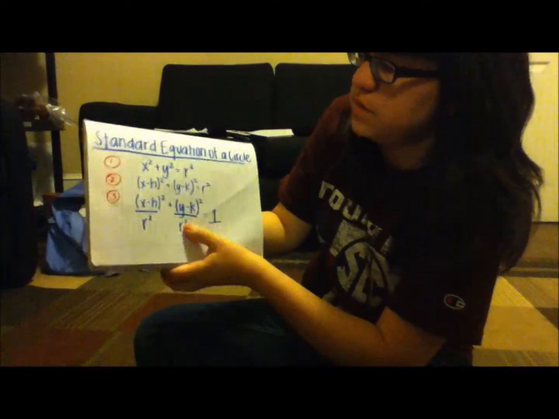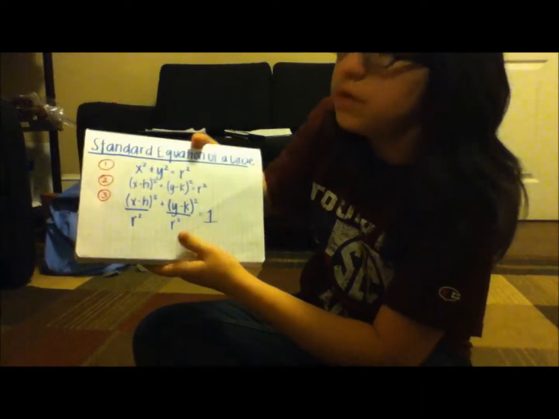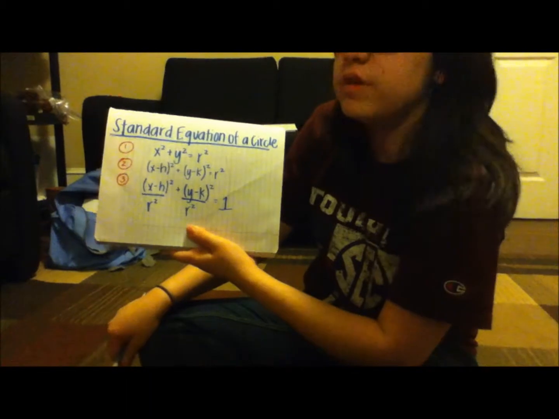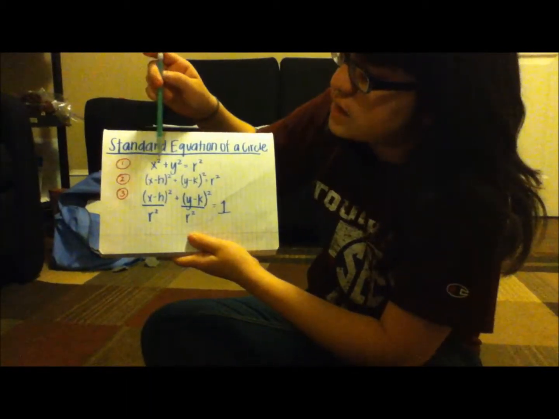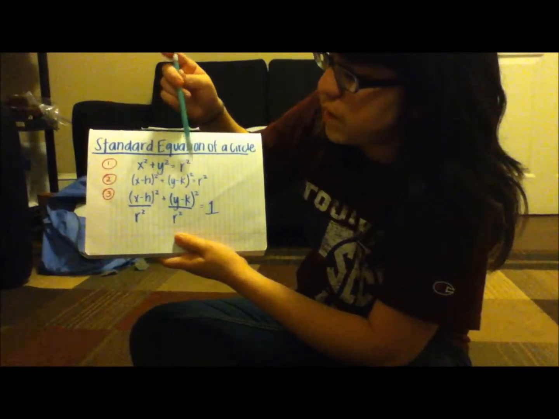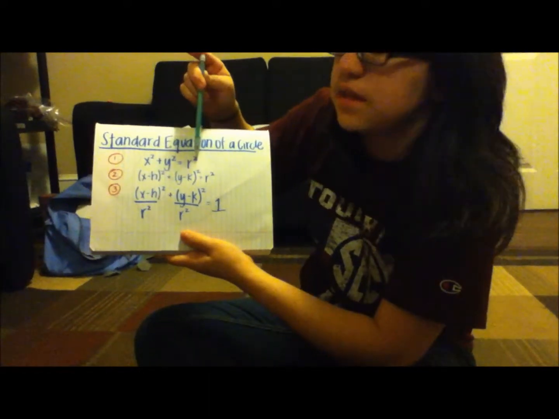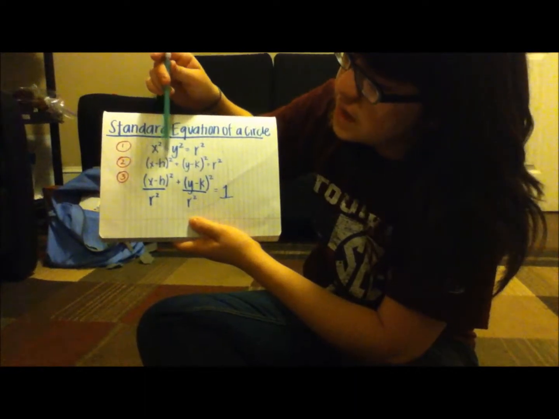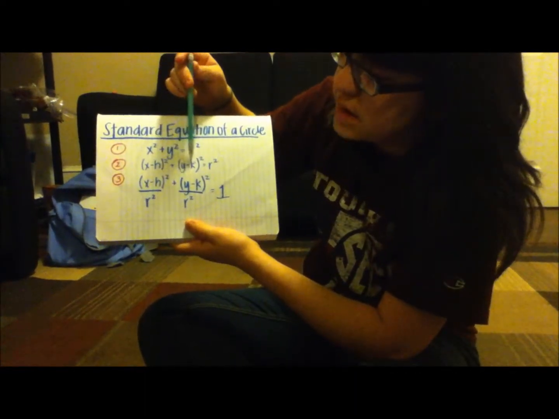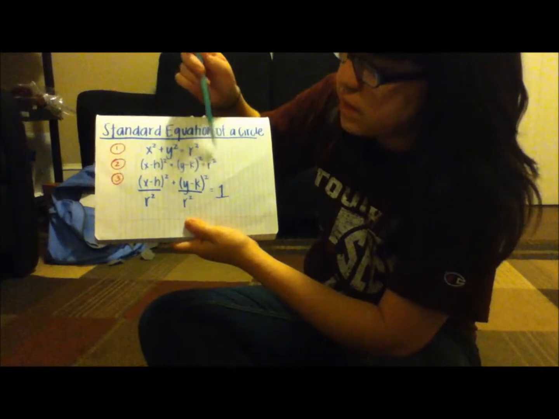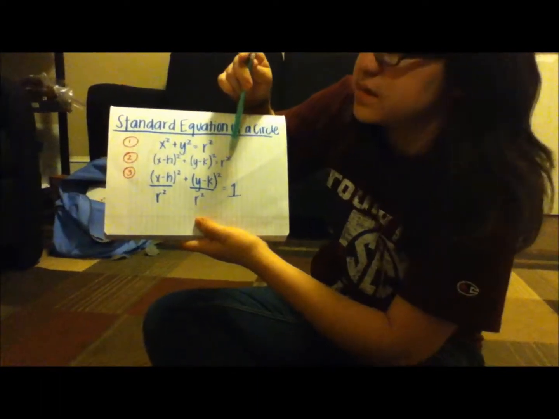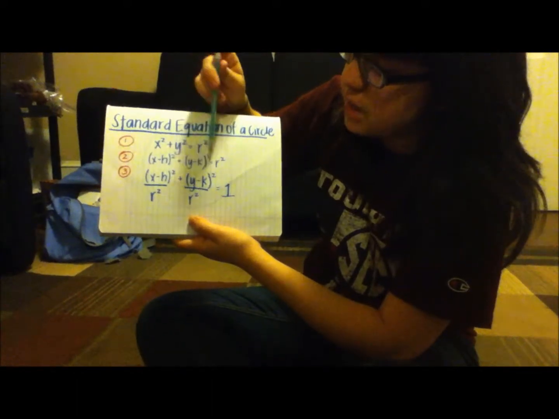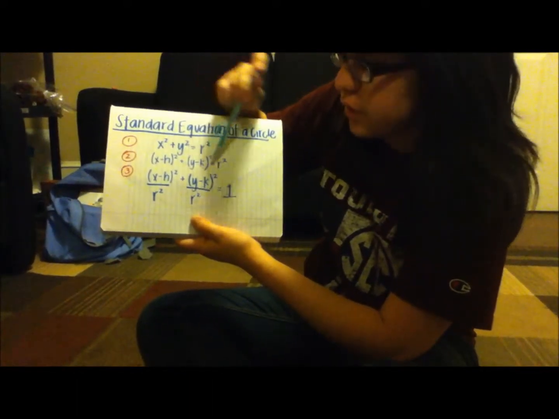And now I'd like to move on to the standard equation of a circle. The equation for a circle can be written out in 3 different forms. x squared plus y squared equals r squared, where r represents the length of the radius. Or another way you can write it is x minus h squared plus y minus k squared equals r squared, where r again is the distance of the radius, and h comma k represent the center of the circle.